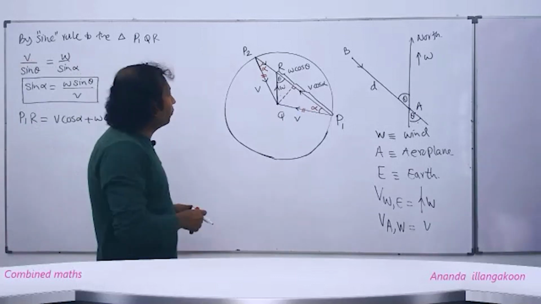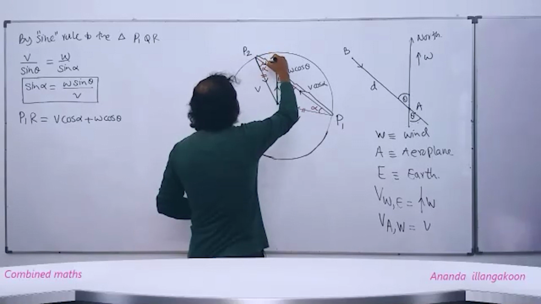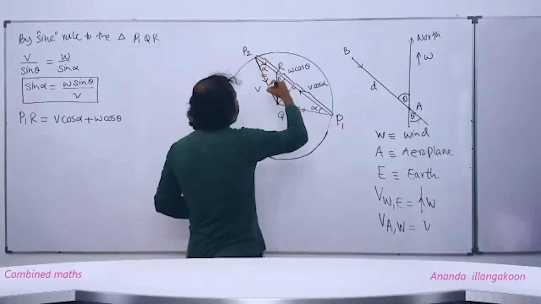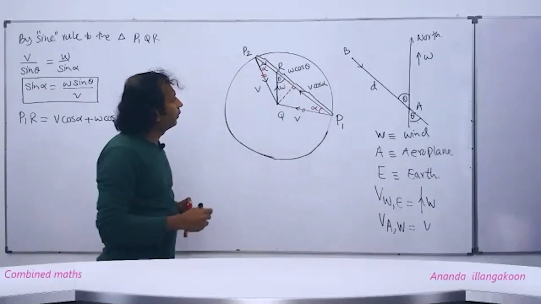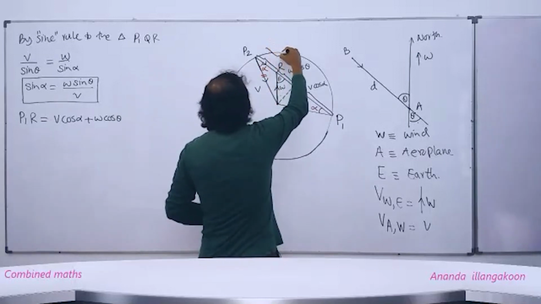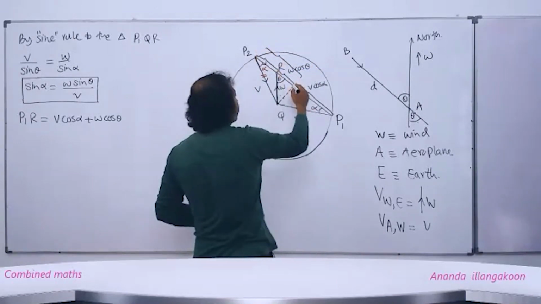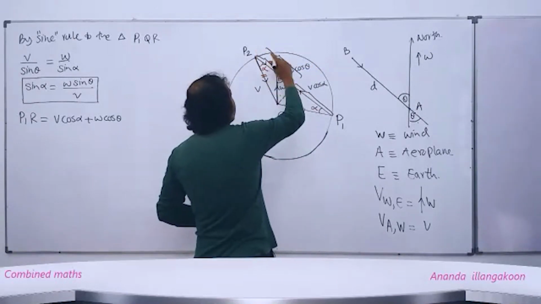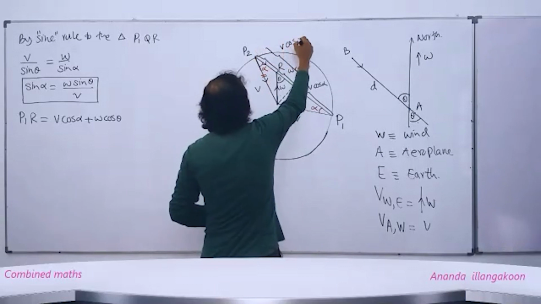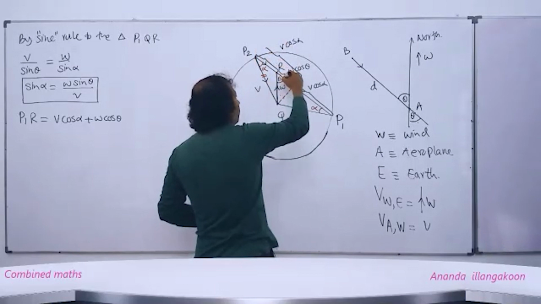Now, can you tell me how to write this P2R? From here to here, this is V and this angle is alpha, therefore this is V cos alpha. This part is W cos theta.